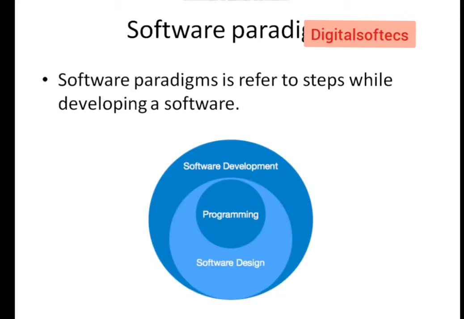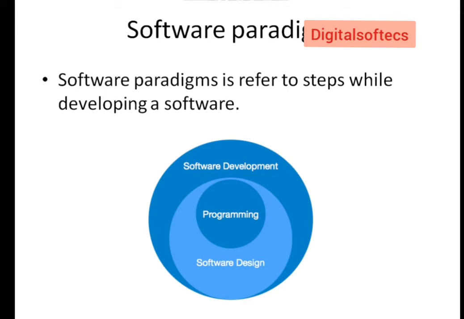What is software paradigms? A software paradigm refers to the steps while developing a software. In software development, we have certain steps in which we develop a software. If we want to develop software, we must make the design of how the system will work. So this is system design. Then we implement that design in a specific language like C++ or Java.